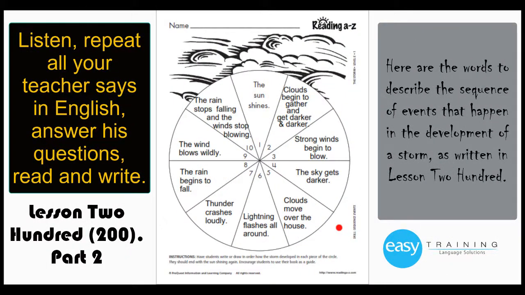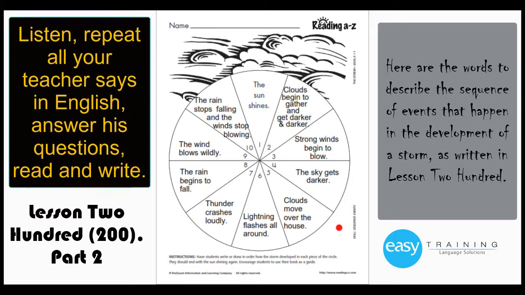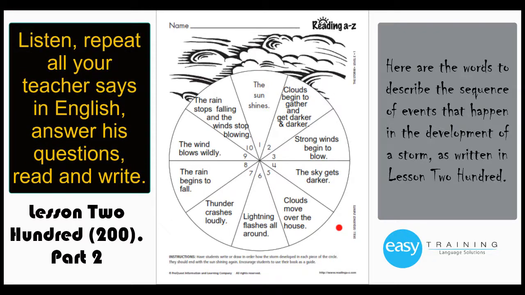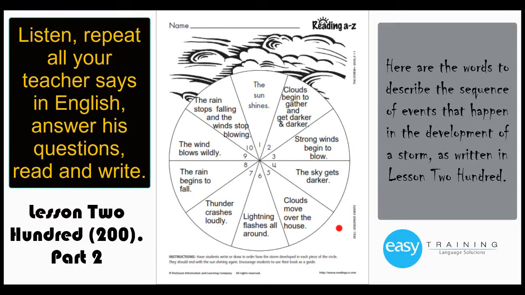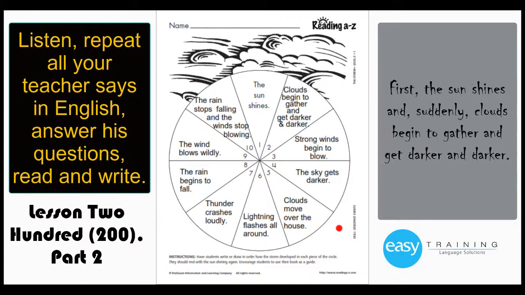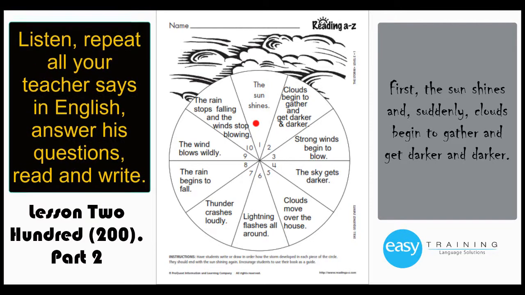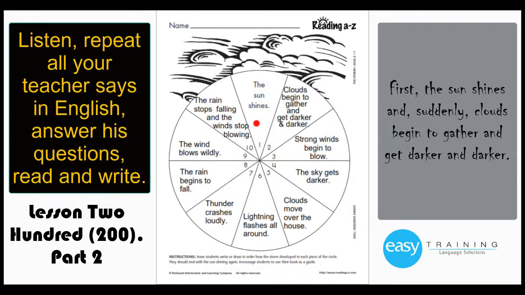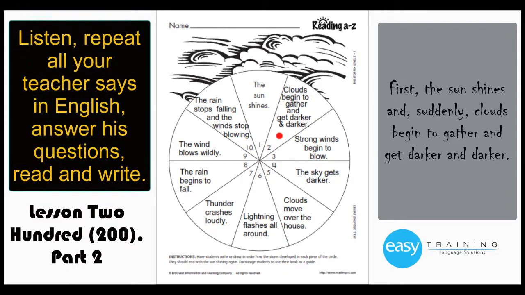Here are the words to describe the sequence of events that happen in the development of a storm as written in lesson 200. First, the sun shines, and suddenly clouds begin to gather and get darker and darker.